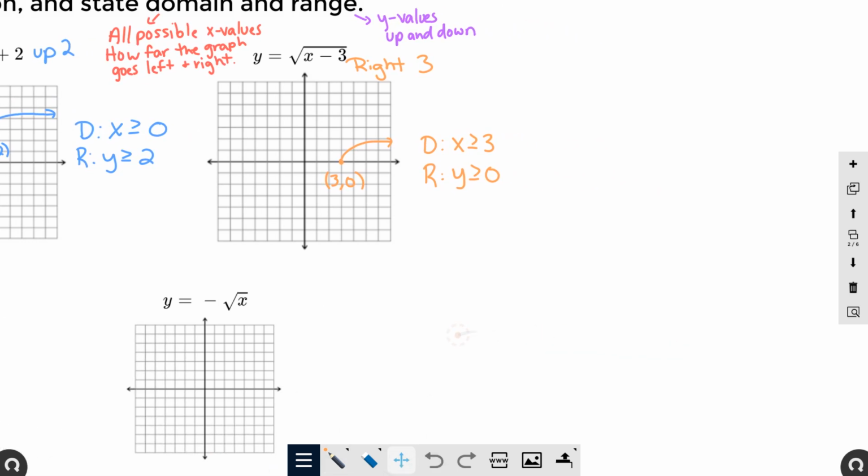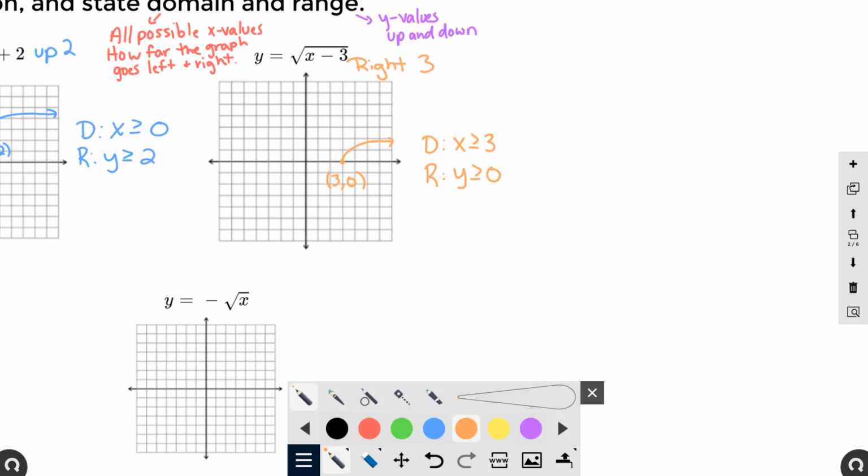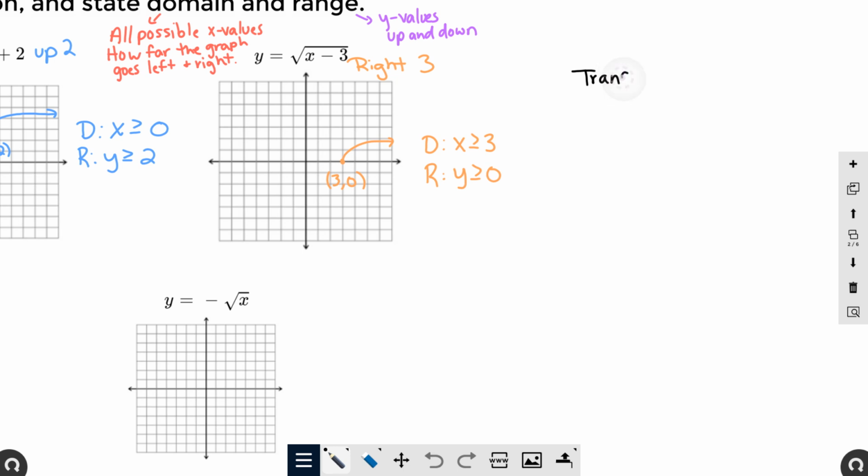So let's write down just a little cheat sheet over here to help us. We can say transformations. That's kind of like a little title. If you have y equals the square root of x plus a number, so that plus a number is outside the square root, that's going to make it move up.